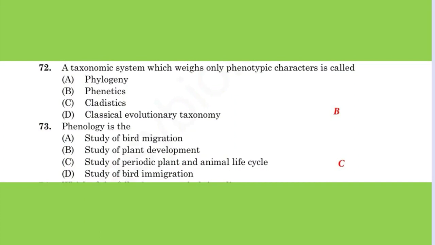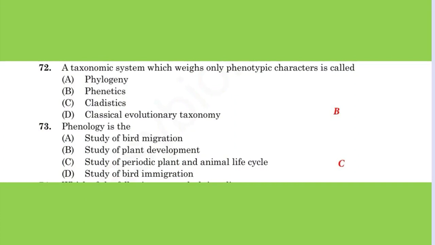The result of such analysis is known as a phylogenetic tree. Option C, cladistics. It is an approach to biological classification in which organisms are categorized into groups, that is clades, based on a hypothesis of most recent common ancestry. So option B is the answer to this question.